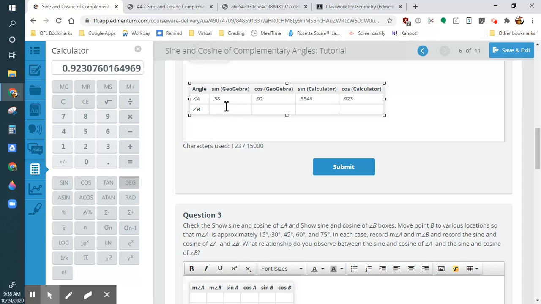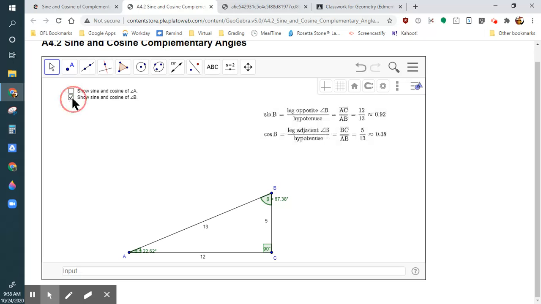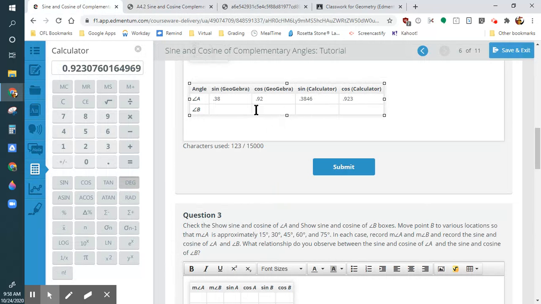Now we're going to do the other angle. So according to GeoGebra, the other angle should be 0.92. So this is 0.92, which kind of looks like the cosine of the other one, right?